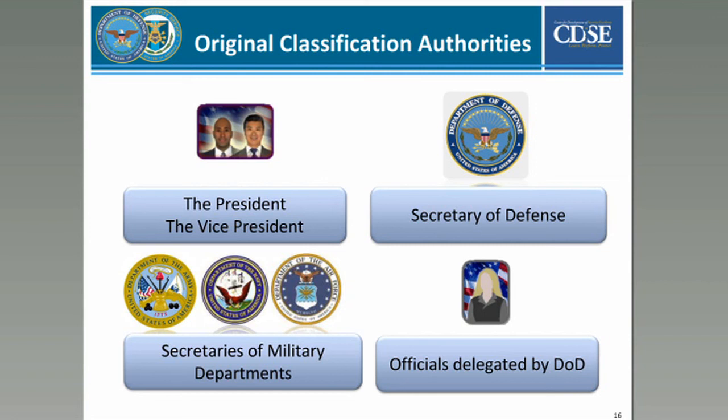The positions that have original classification authority include the President of the United States, the Vice President in the performance of executive duties, the Secretary of Defense, the Secretaries of the Military Departments, and other original classification authority is also granted to certain officials within the Office of the Secretary of Defense, otherwise known as OSD.